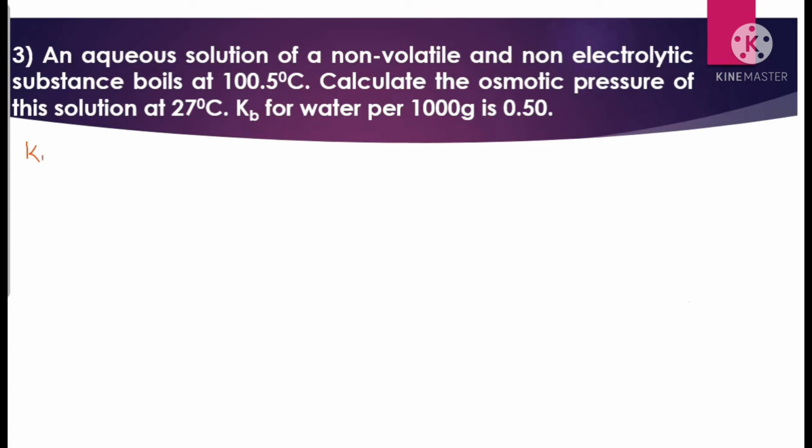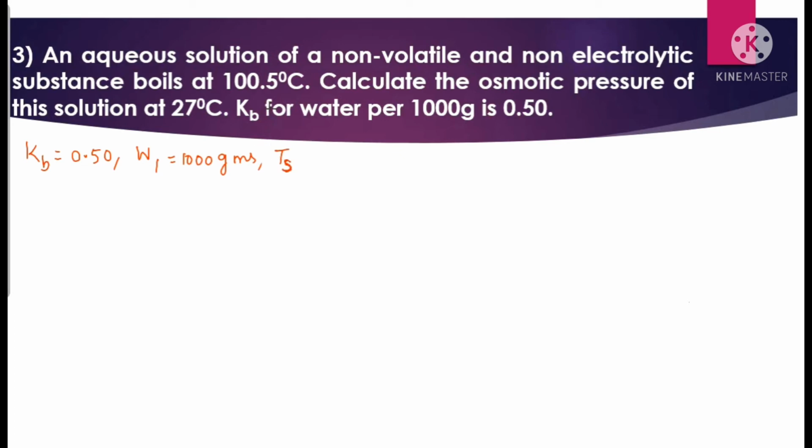Kb value is given. What is Kb? Ebullioscopy constant, 0.50, and the weight of the solvent is also given. Weight of the solvent, that is W1, is equal to 1000 grams. And the boiling point of the solution is also given.